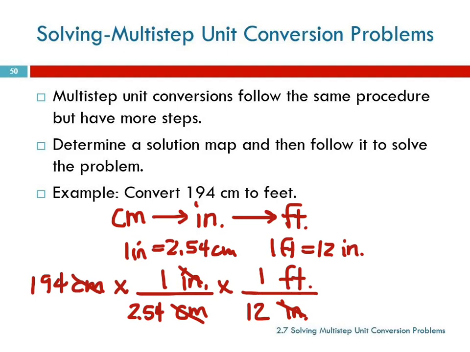Now it's between you and your calculator. 194 times 1 divided by 2.54 times 1 divided by 12. If you do it in the same order every time, you won't accidentally skip something. 194, I like to skip the times 1, so I just go divide by 2.54.